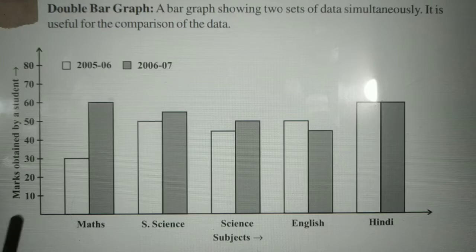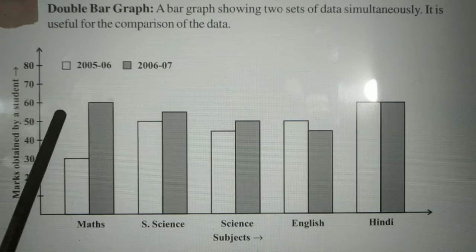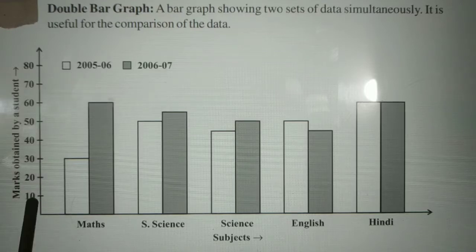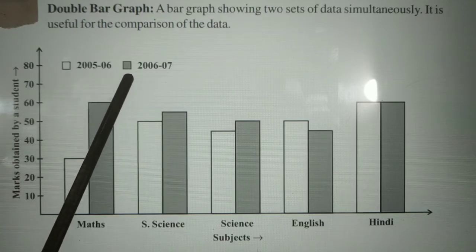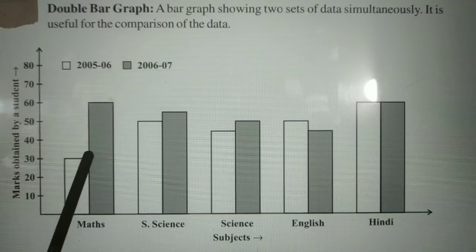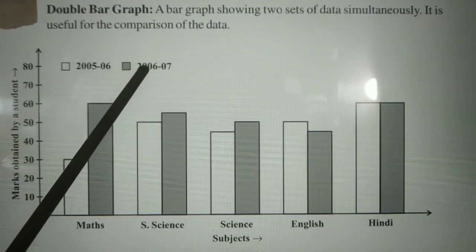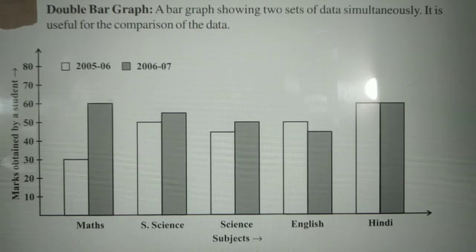So this bar graph is basically used for comparing the marks obtained by the students in different years, 2005 to 6 and 2006 to 7. The marks of the different subjects in 2005 to 6 are shown by blank bars, and the marks in 2006 to 7 are shown by the shaded bars.